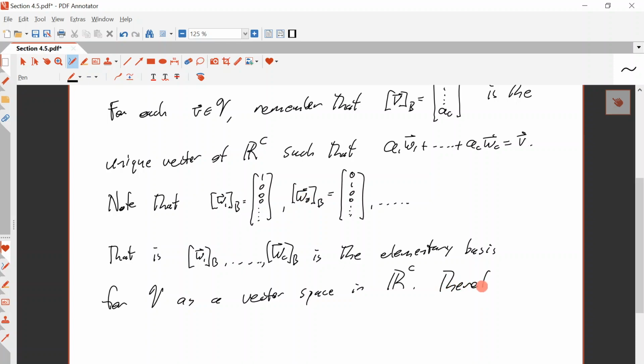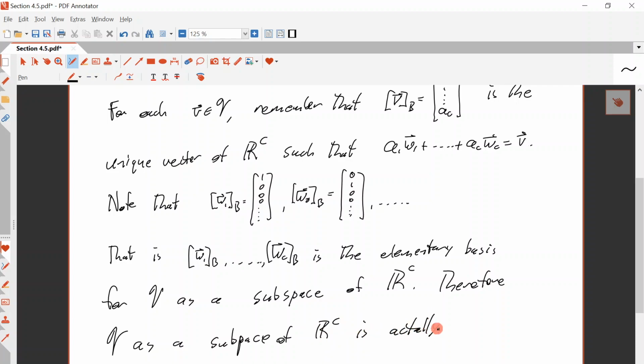Therefore, V as a subspace of RC is actually all of RC, because the elementary basis spans the whole of RC. Very simply.